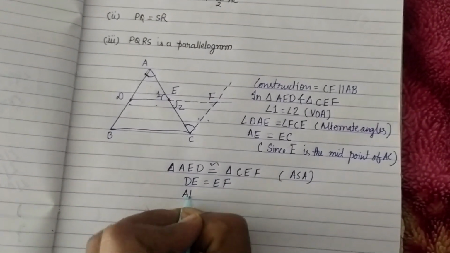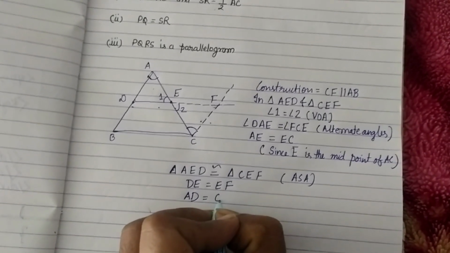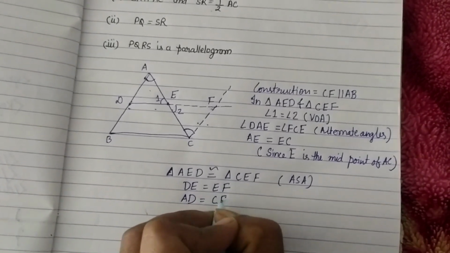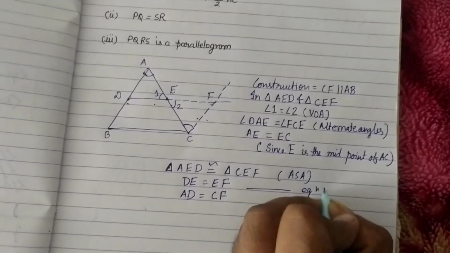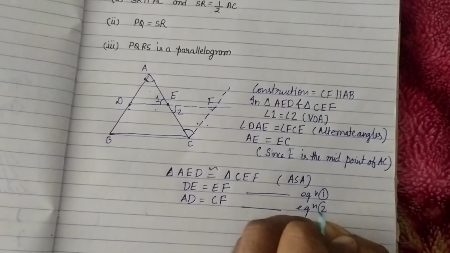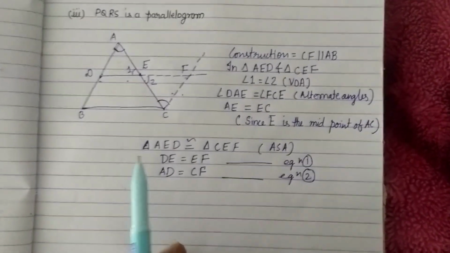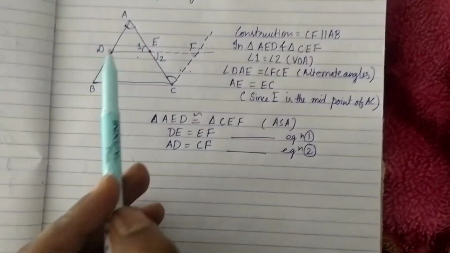And AD will be equal to CF. Suppose this is equation number 1, and this is equation number 2. Now what can we say? This AD is equal to CF.